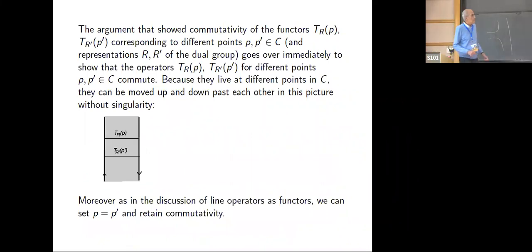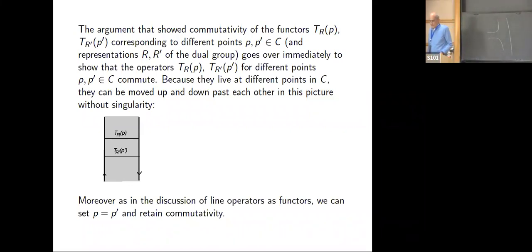So the argument that showed commutativity of the Hecke functors viewed as functors on boundary conditions immediately shows that the corresponding operators viewed as operators on quantum states also commute. Because they live at different points in C, we can move them up and down past each other in this picture with no singularity.